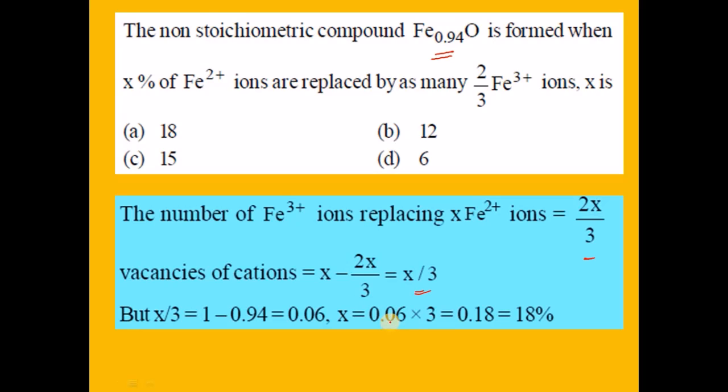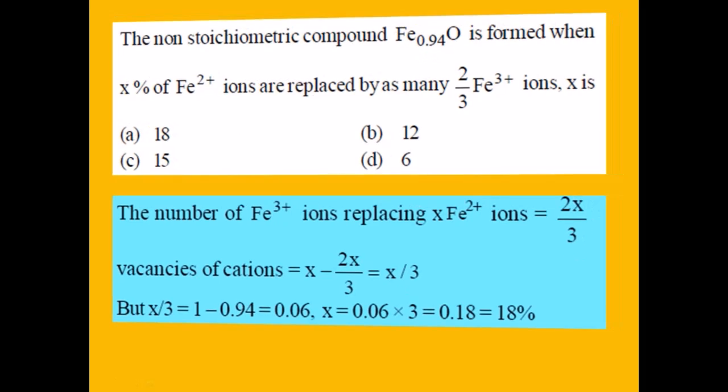Then x/3 is 0.06, so x is 0.18, meaning 18%. So option A is the right option for it.